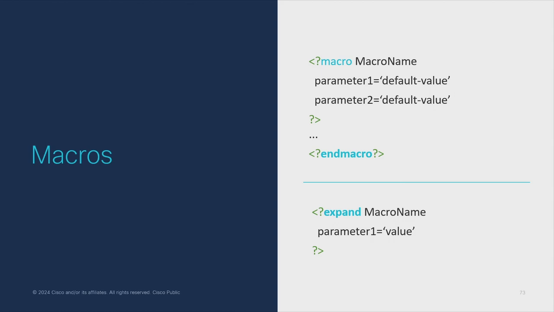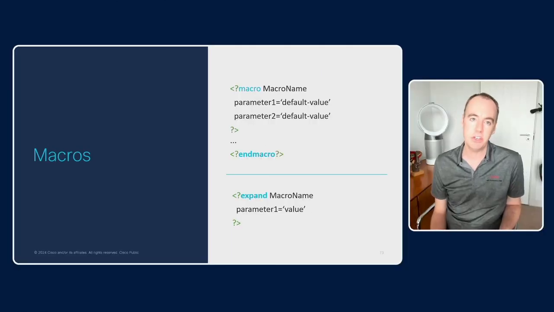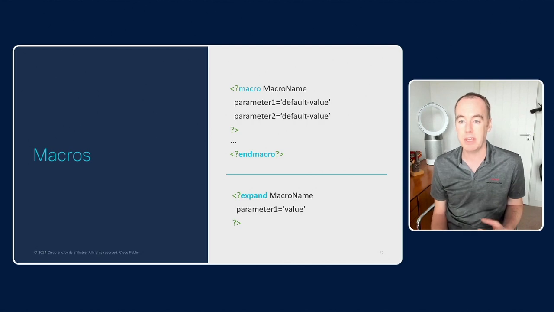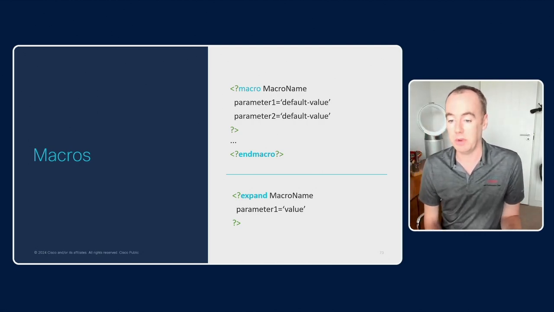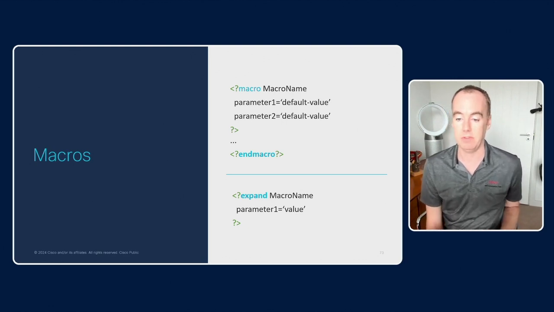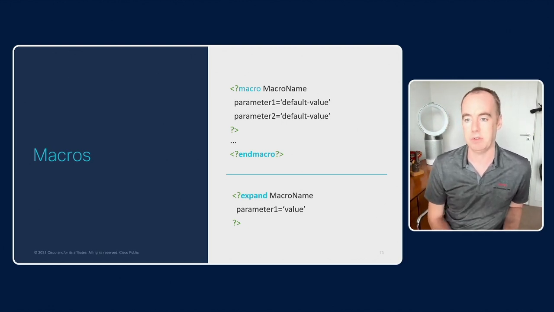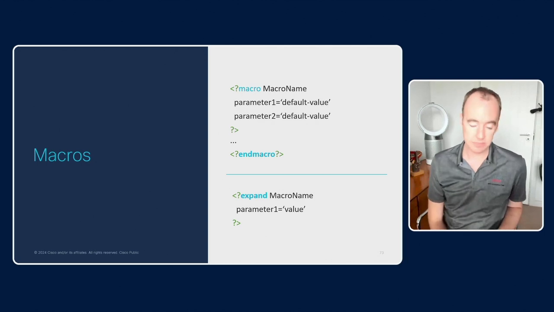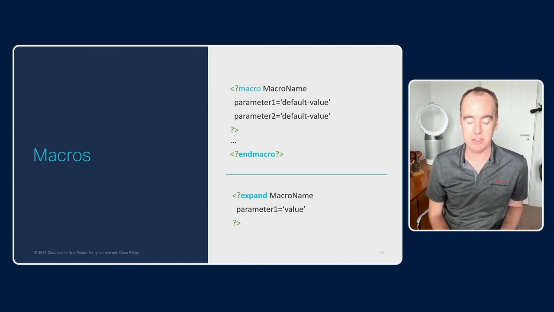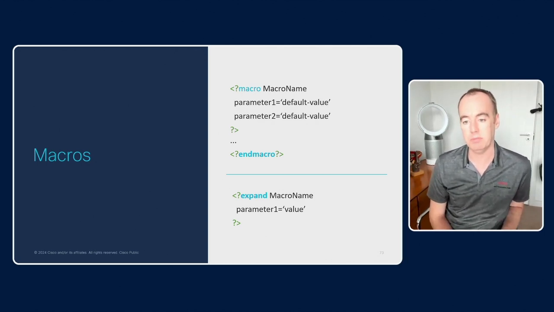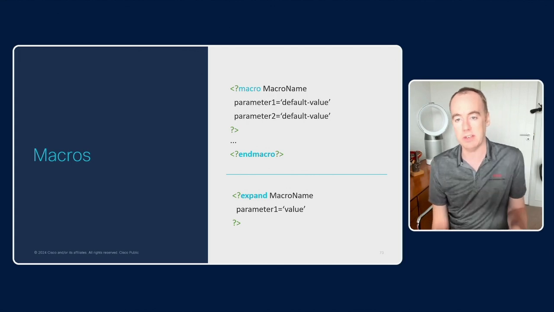A good example might be if you've got a service that maybe configures a connection, an E-line, or a pseudowire, some point-to-point thing where maybe you've got an A-end parameter and a Z-end parameter, you can write a macro to configure the interface on either end, then expand that macro twice, for either end, rather than having to write everything out twice. There were ways to get around that in the past. You may choose to apply the template twice from your Python code, but now you can do it all inside a template with a macro.